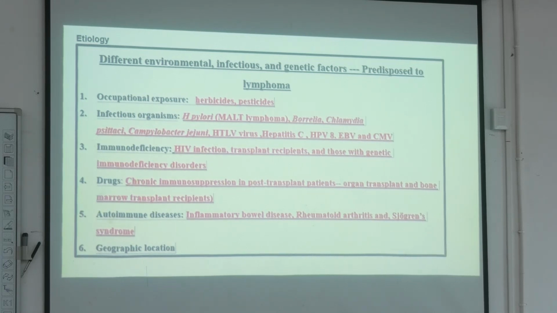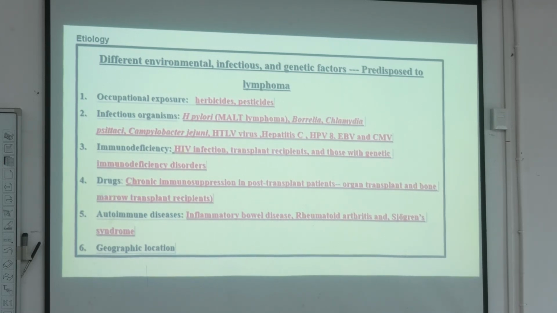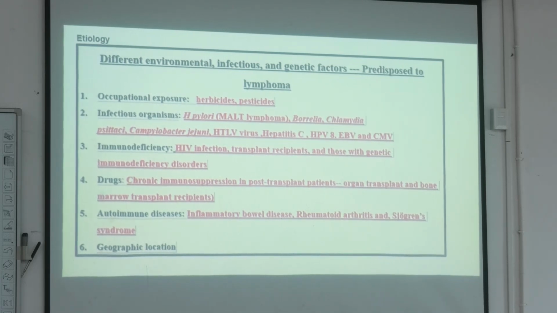Other patients have immunodeficiency, such as HIV infection, or have had a tissue or bone marrow transplant. Due to this immunodeficiency, they are prone to molecular transcription abnormalities, mutations, and translocations.